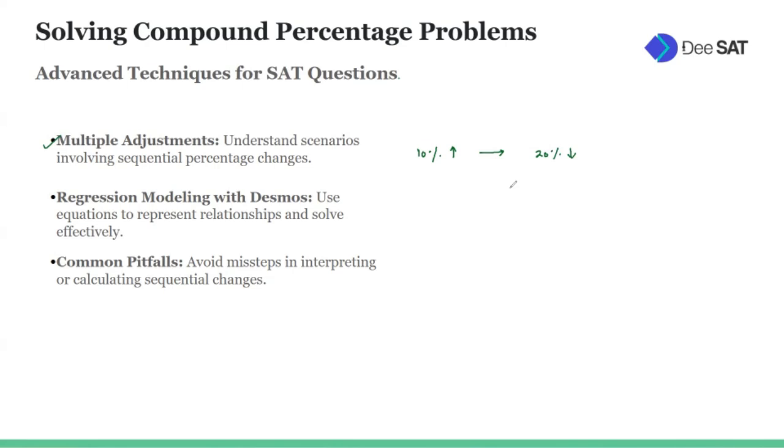You can calculate each step separately. But there's a formula that is used to calculate the net effect of two percentage change values. Net effect is calculated as A plus B plus AB divided by 100.